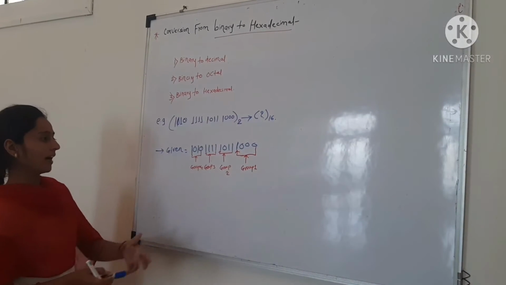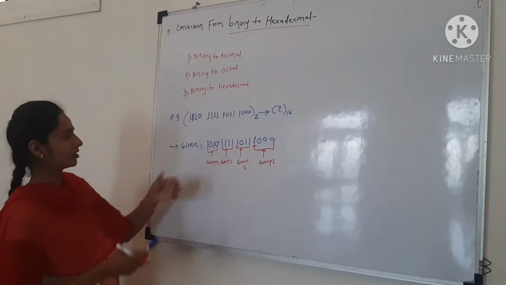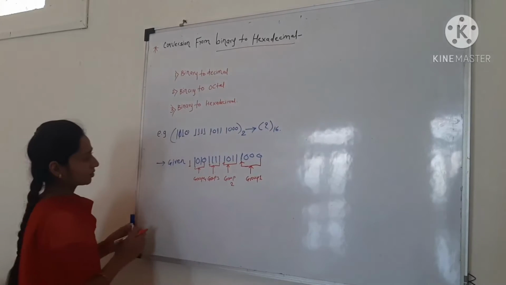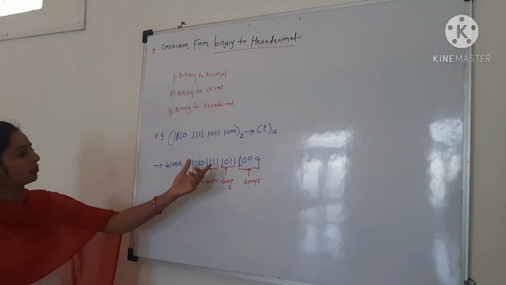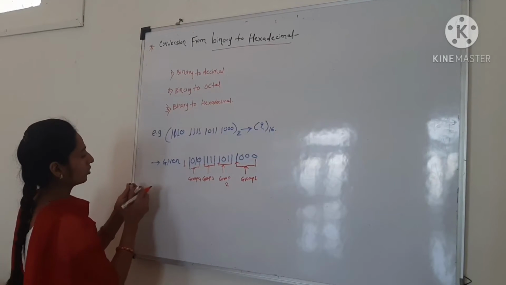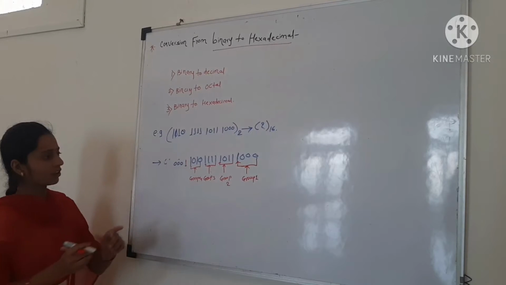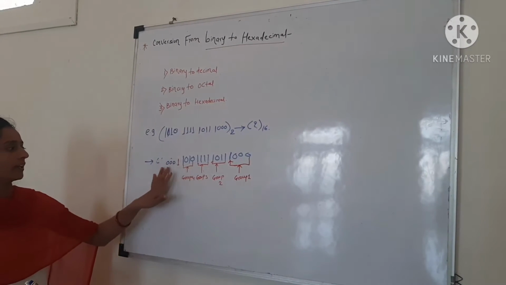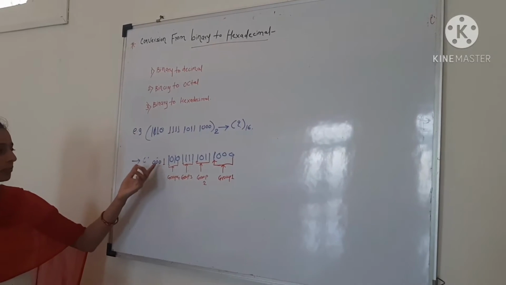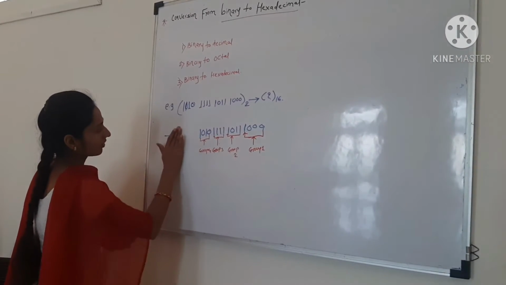While doing the grouping, if only one bit is left, we have to complete the group of 4 bits, so we add 3 zeros on the left side. This is not the case in our example, but if such cases happen, you have to add the zeros to the left side. So this is the first step.